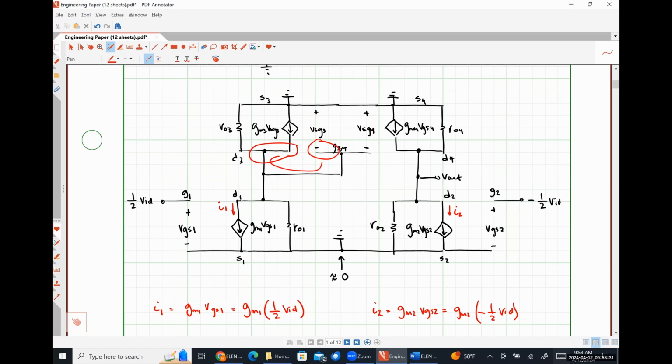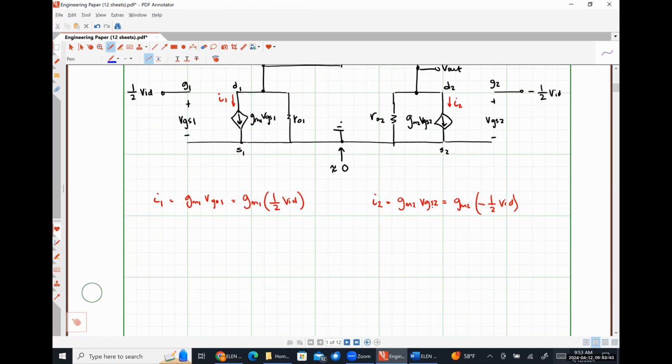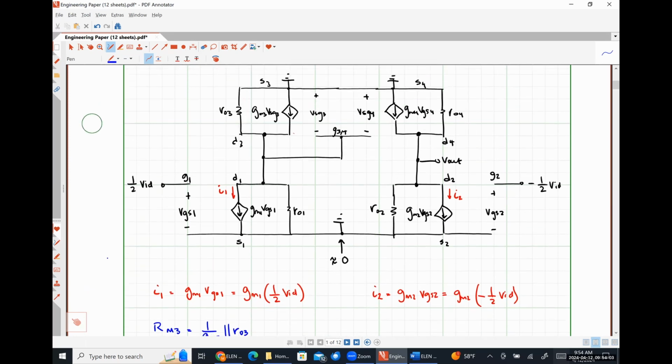So the resistance seen between, or let me put it this way, the small signal resistance of transistor M3 is nothing more than 1/GM3 in parallel with R03.